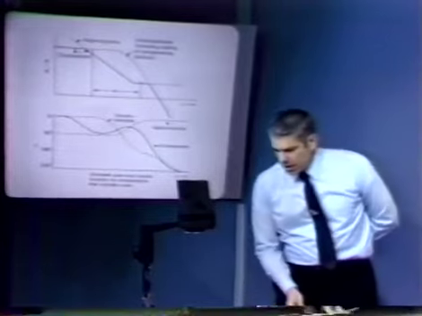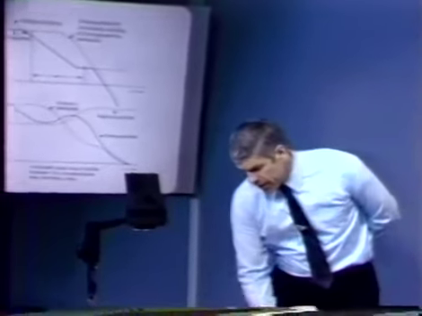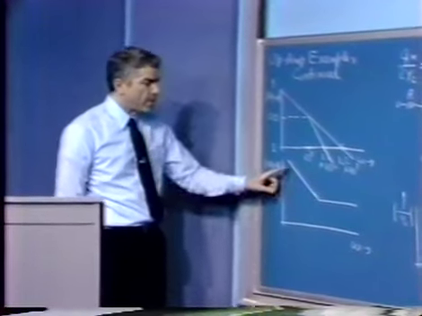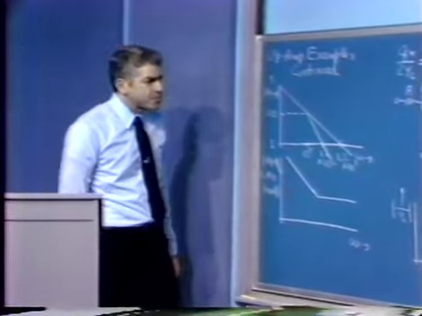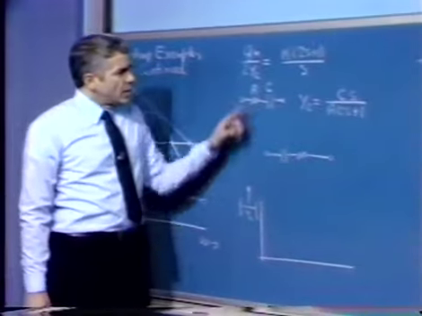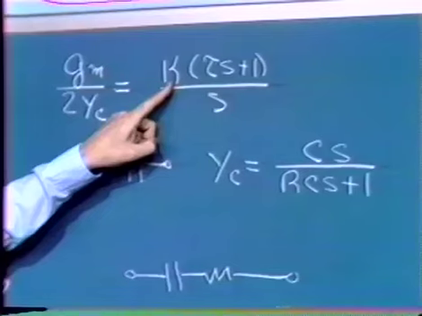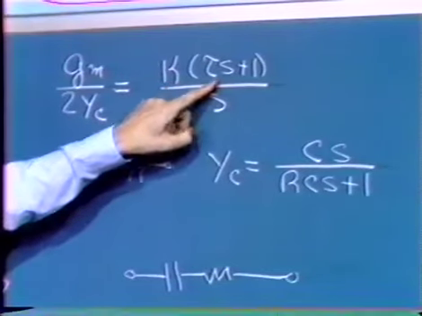If we could select a compensating network that had a short circuit transfer admittance such that Gm over 2Yc had this form, how do we accomplish that? Well, let's see. We'd like to have Gm over 2Yc of s have the general form k over s times a zero.